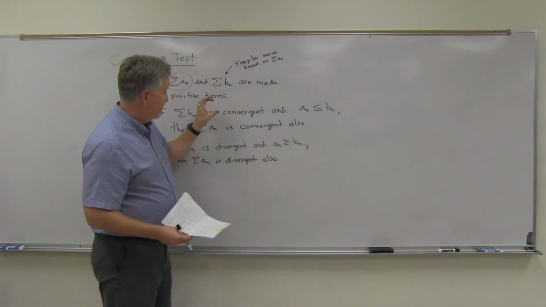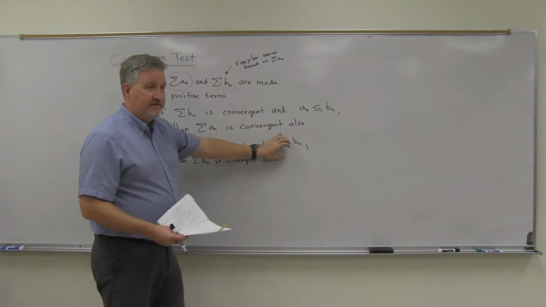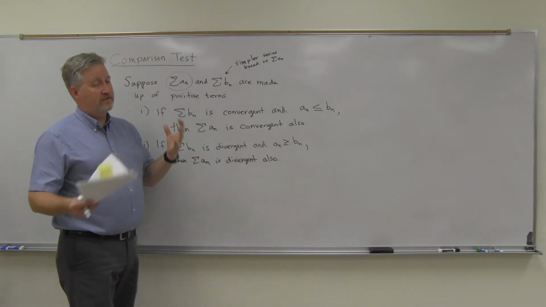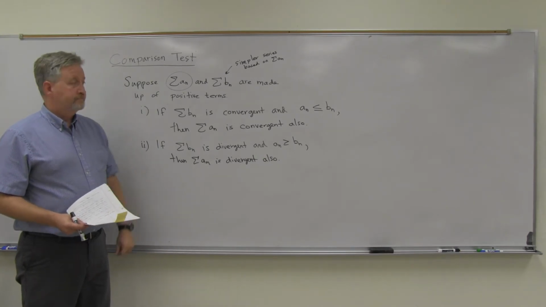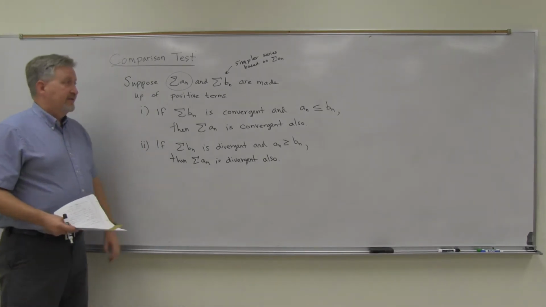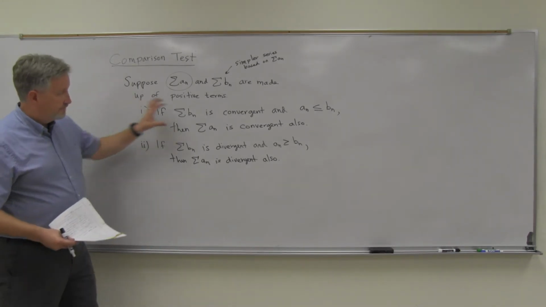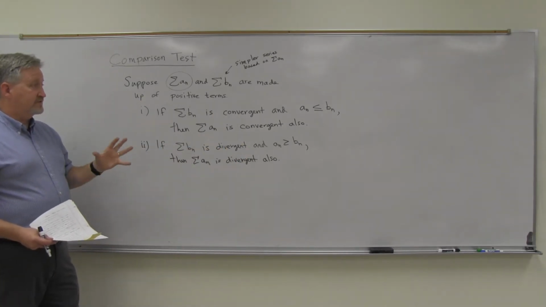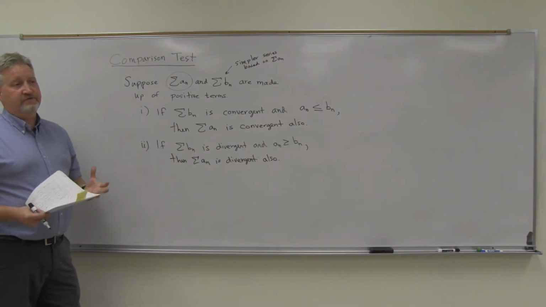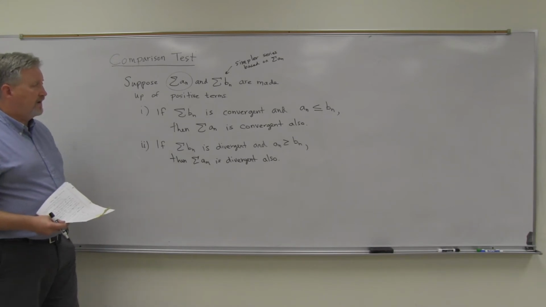Convergent in this one means convergent. Divergent in this one means divergent. Those are the only two times this test tells you anything, okay? Otherwise, you just have to use some other test. If neither part one nor part two is satisfied, you just have to use a different test. And I'll show you one where that happens.